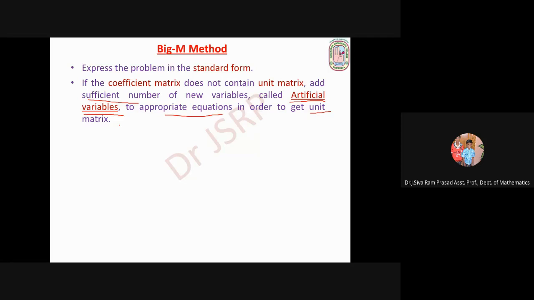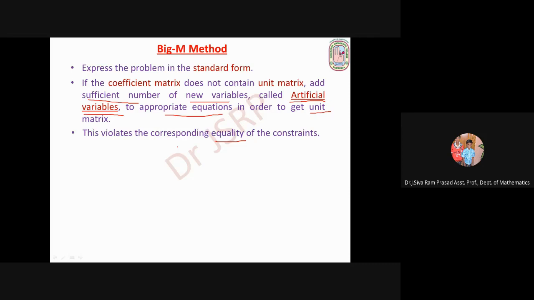But after making inequalities as equalities, again we are adding new variables in the equations. So this violates the corresponding equality of the constraint.